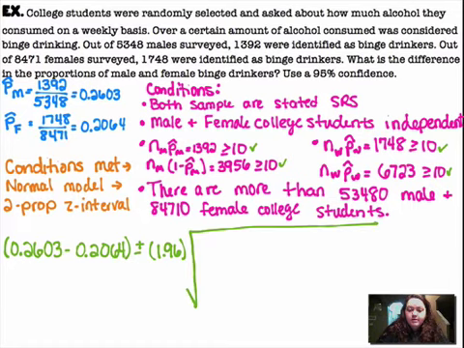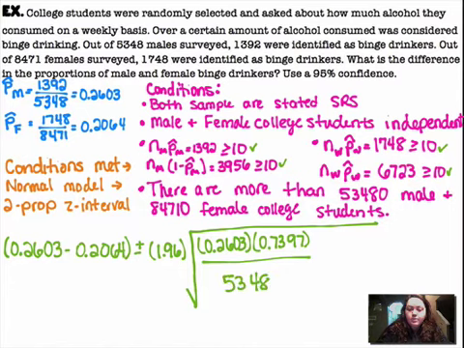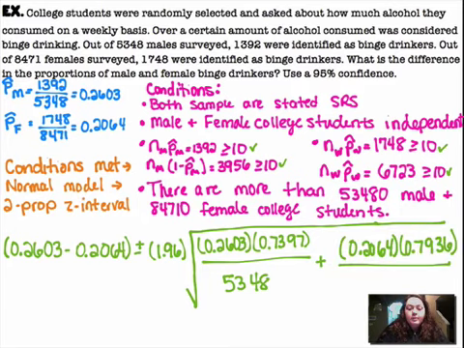So I'm finding the standard deviation with p hat values. So p hat for males was 0.2603. 1 minus the p hat of males is 0.7397 over N, which was 5,348, plus, I'm always adding in here because everything's really being squared, and then I'm taking the square root, so plus the p hat for females times 1 minus the p hat for females divided by N for females, which is 8,471.